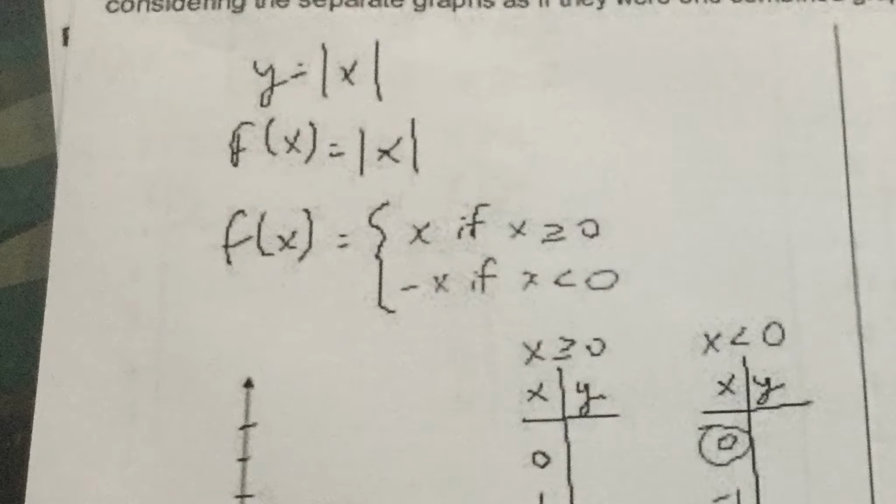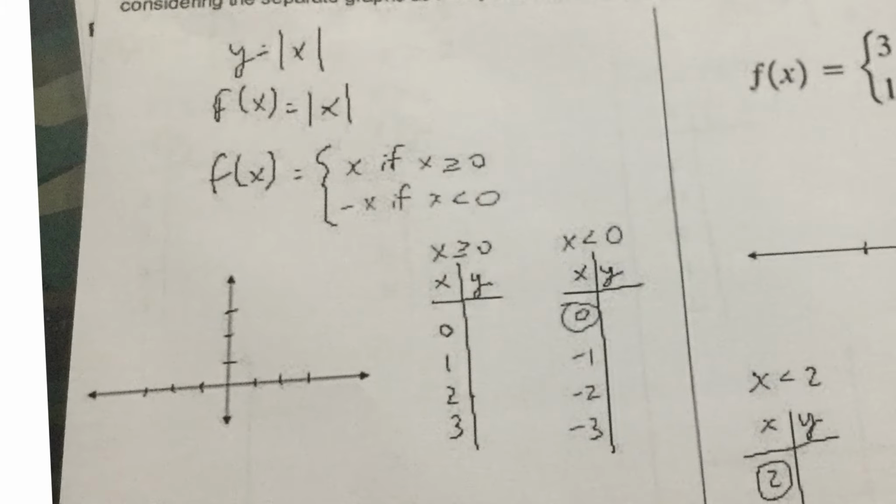And so now that we've got this absolute value function defined as a piecewise function, we want to graph each piece of the function. The first piece is f of x equals x if x is greater than or equal to 0. So what are some x values that fit this criteria? Well, we've got 0, 1, 2, and 3. All of these fit the criteria of x being greater than or equal to 0.